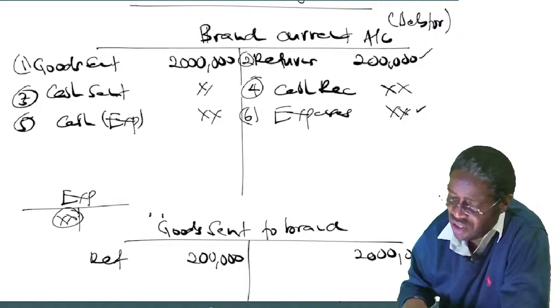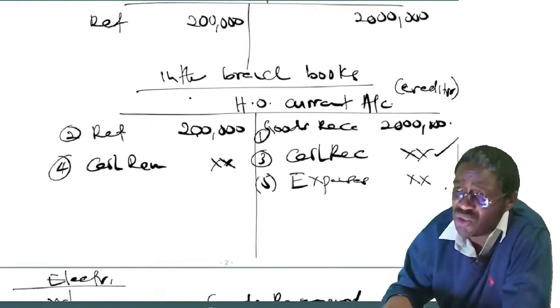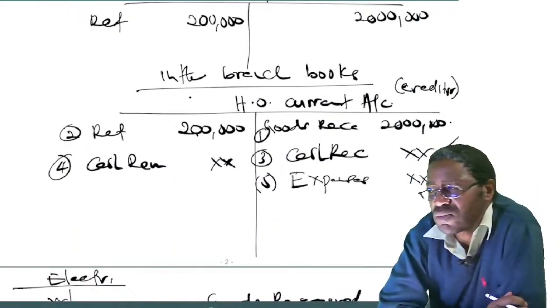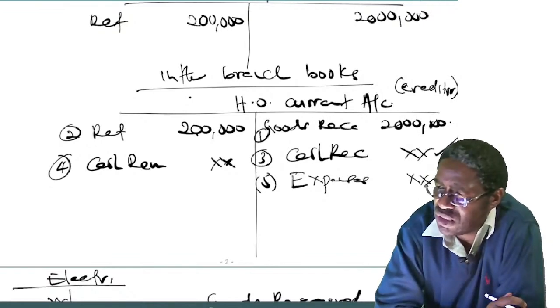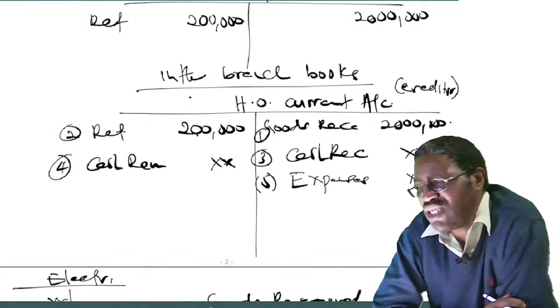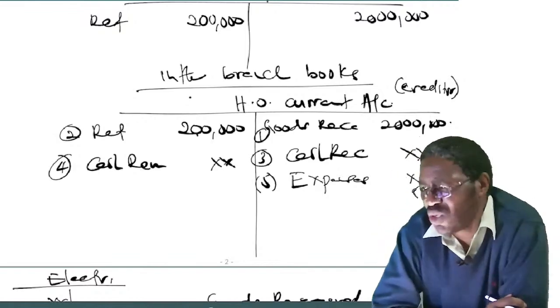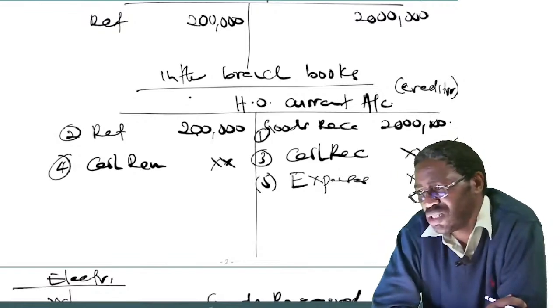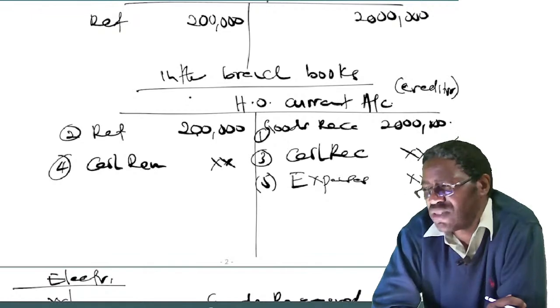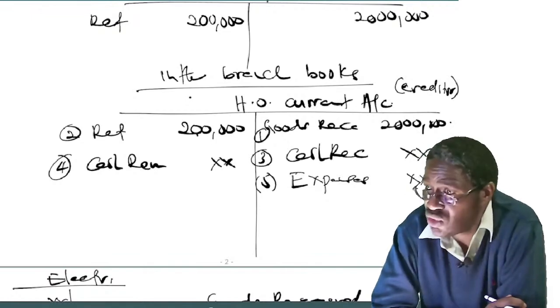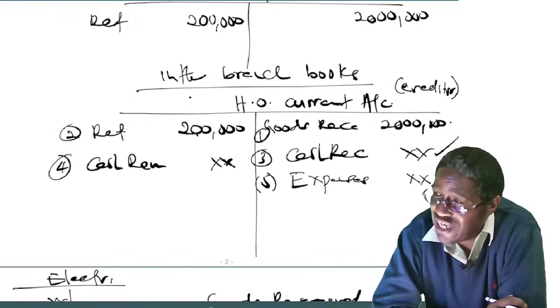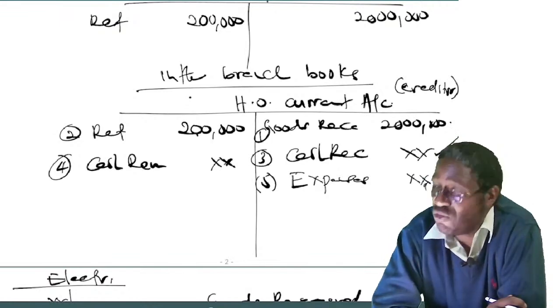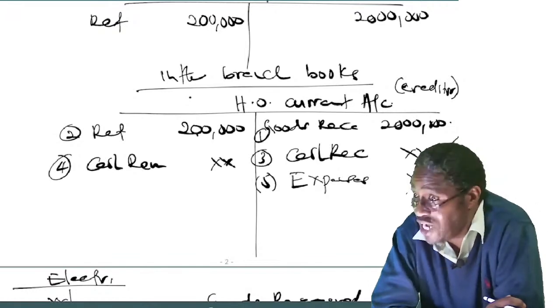Good. What about the branch? What will they do? The branch has paid something on your behalf. So will they increase what they owe you, or will they reduce what they owe you? It is obvious the branch will have to reduce what they owe you. To the branch, I told you, the head office is like a creditor to the branch.